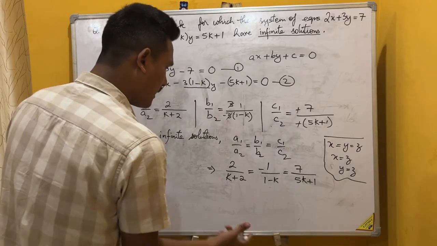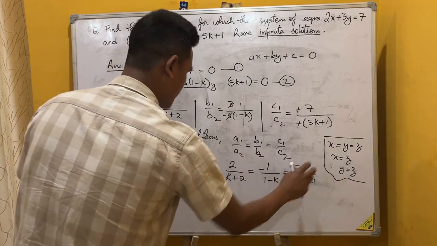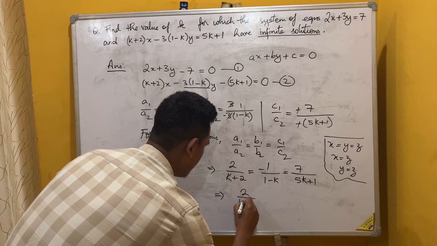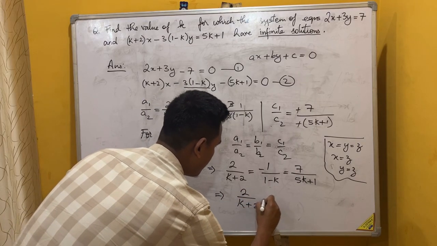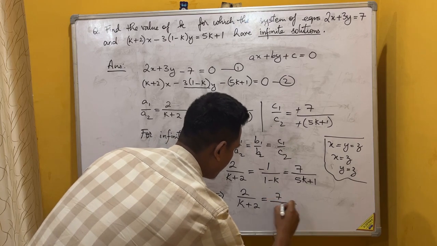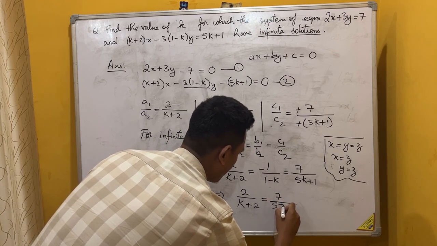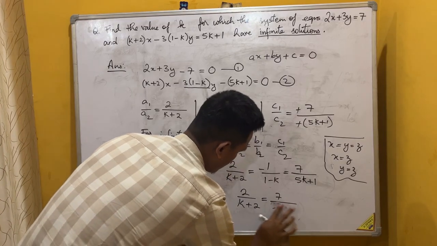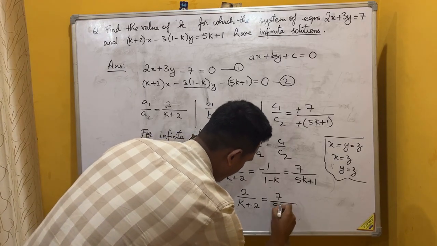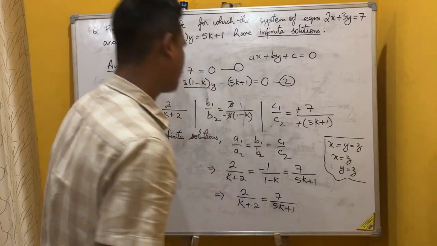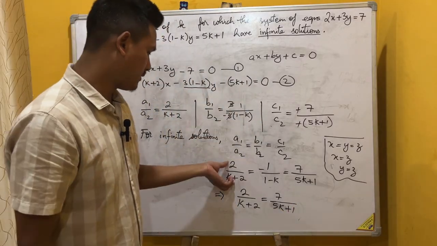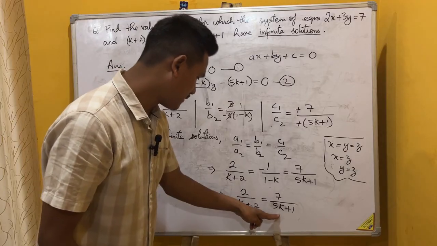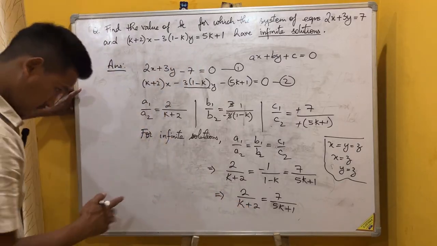We will pick this and this. You may equate this with this or this with this, still you'll get the same answer. Since I don't have space here, I'm writing it here.